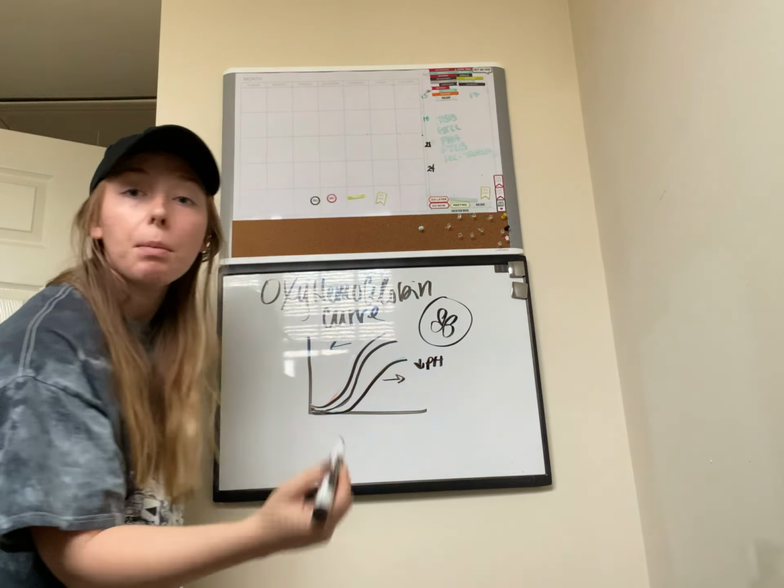We're going to have an increase in temperature. And then we're also going to have an increase in CO2, which also correlates back to pH. So, with those 3 concepts, we're going to have that shift to the right.